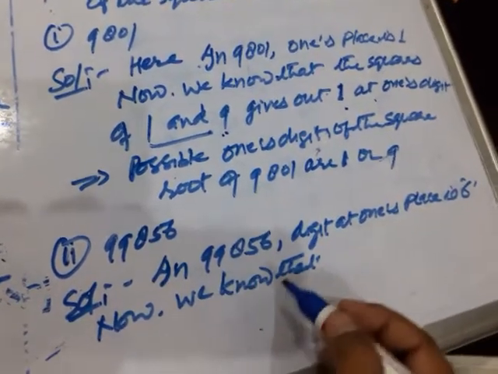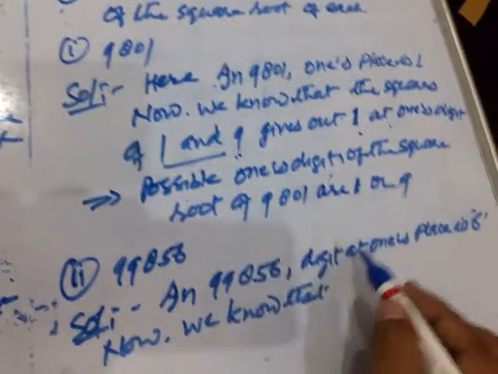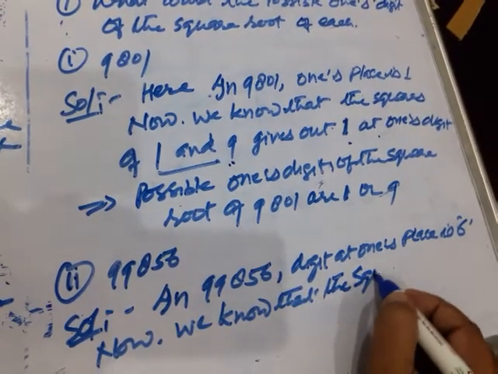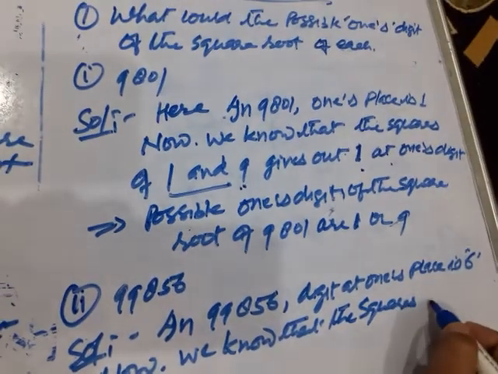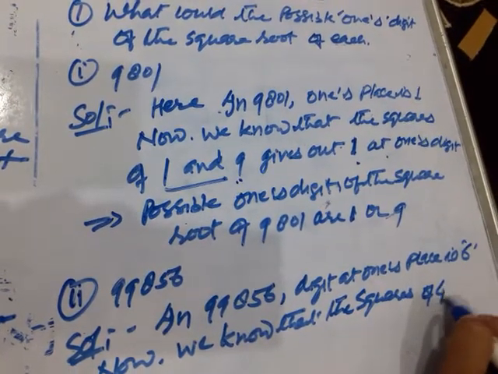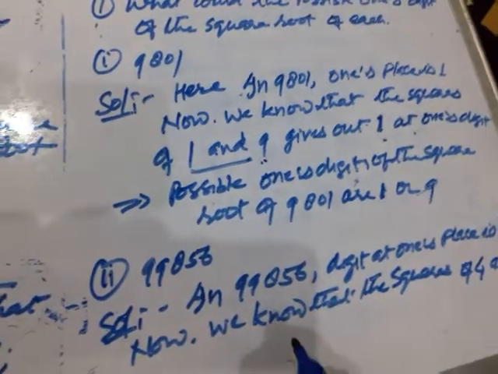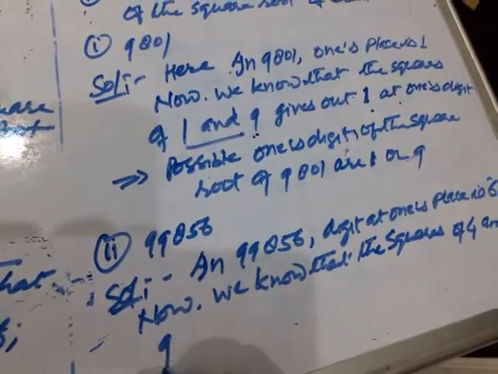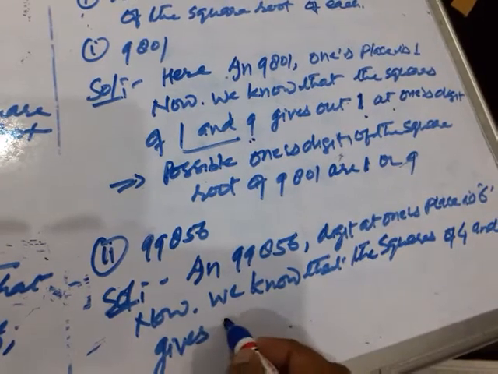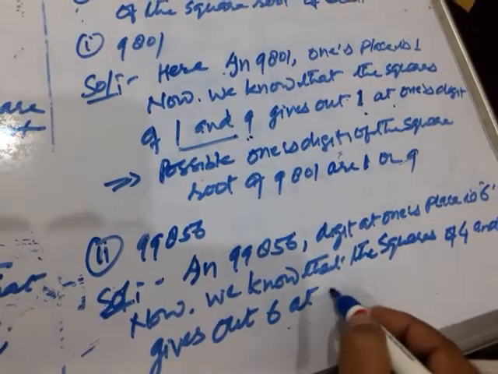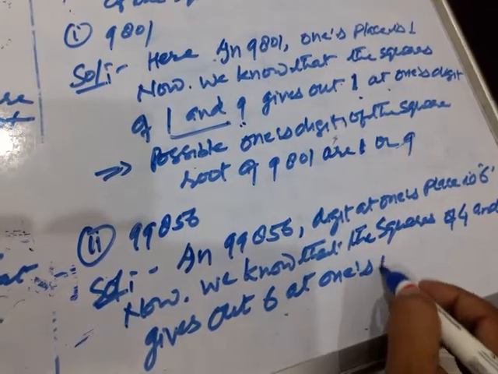Okay children, now we know that the squares of 4 and 6 give out 6 at one's place.